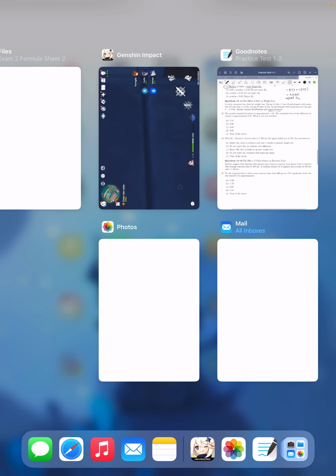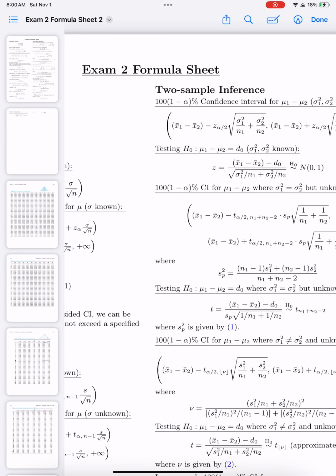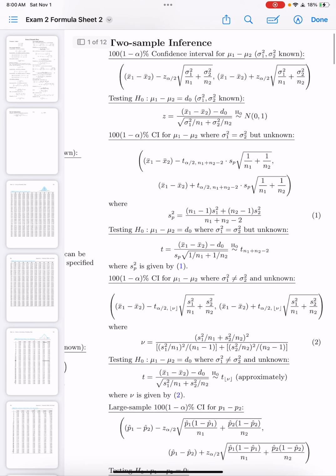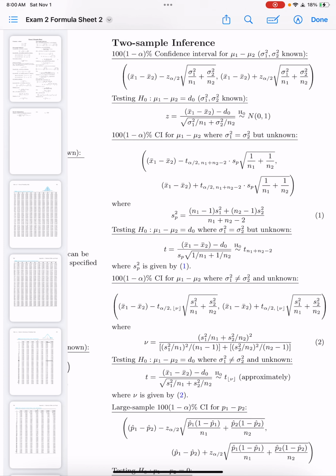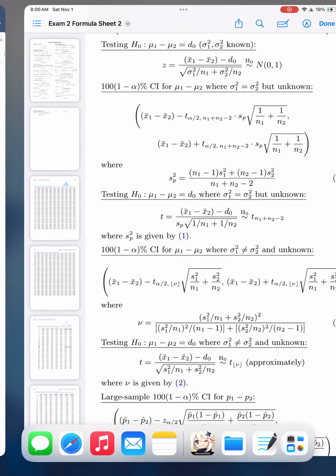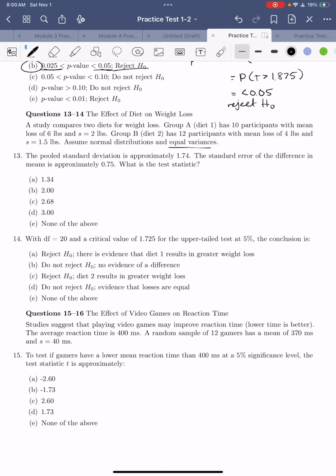If you recall from our formula sheet, when our variances are equal and we're looking for a difference in means, we can use this formula over here. Let's go back to our problem.